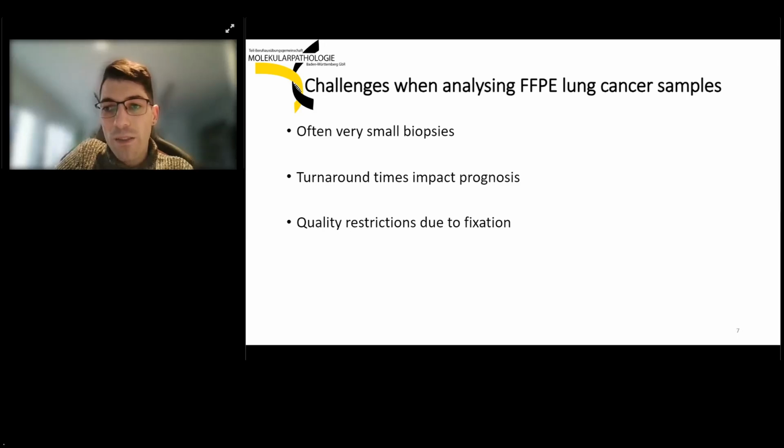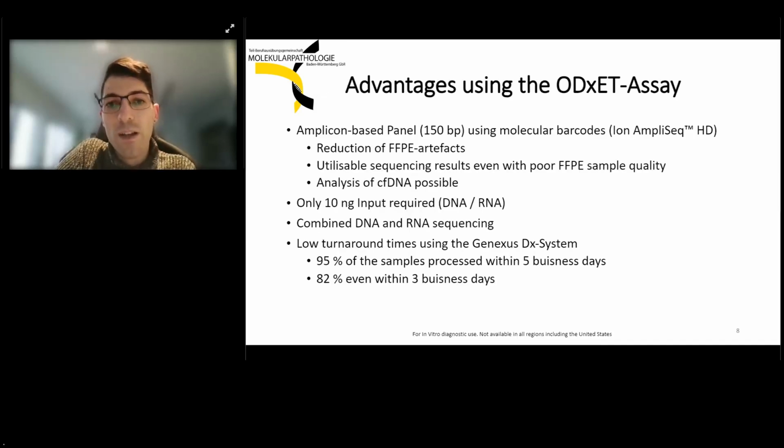So the earlier the therapy can be started, the better the outcome. And furthermore, we often face quality restrictions due to fixation of the samples. For these reasons, we need an NGS panel dealing well with all these challenges when analyzing lung cancer samples.